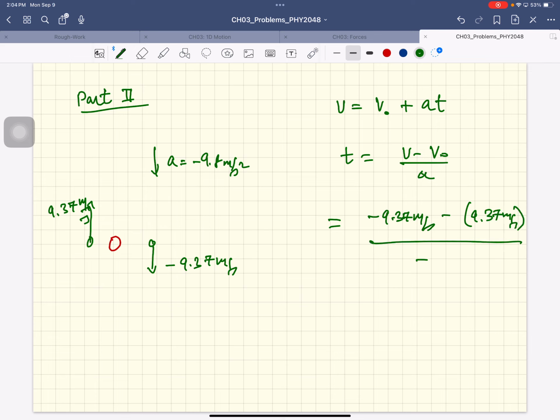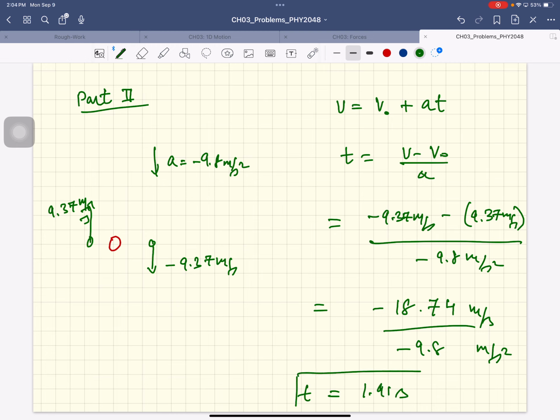And acceleration is negative 9.8 meters per second squared. So it spends roughly 1.9 seconds above the tree.